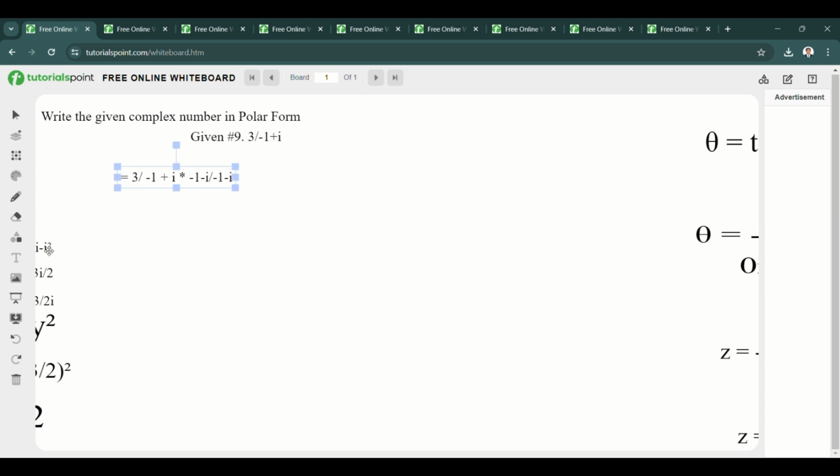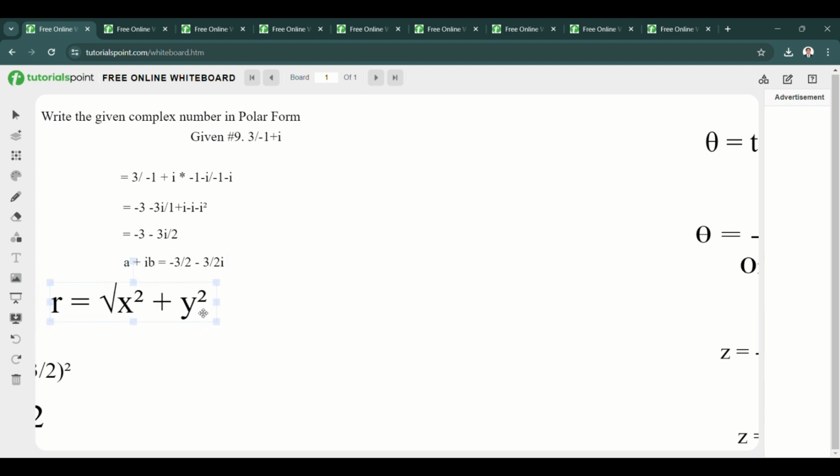So evaluating it, we will have negative 3 minus 3i over 1 plus i minus i squared. This is the FOIL method in the denominator. So further evaluating this, we'll have this equation. Then we'll come up with the value which is in the form of a plus bi.